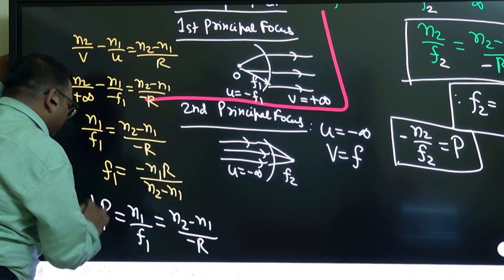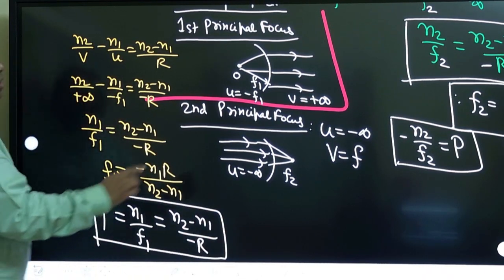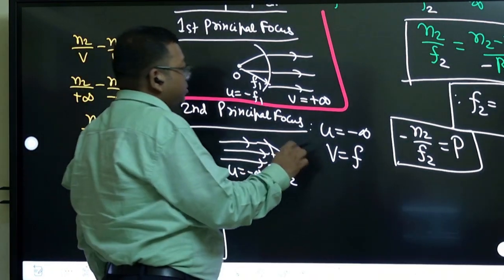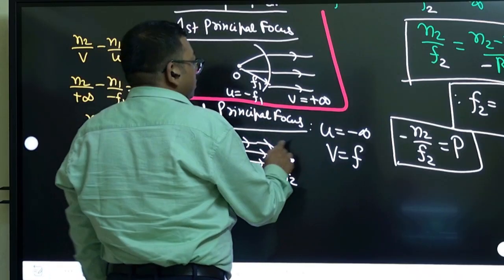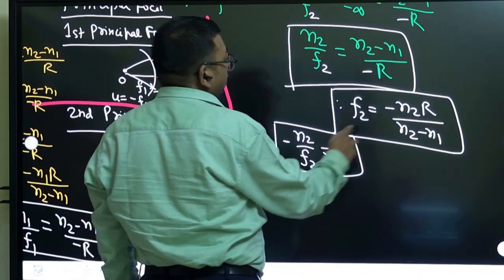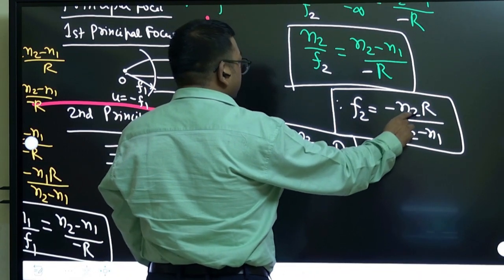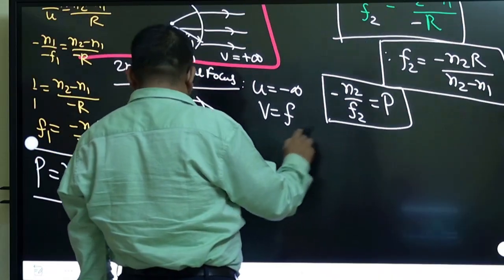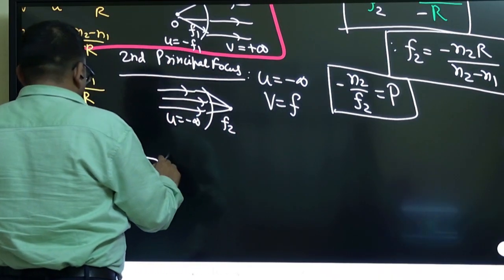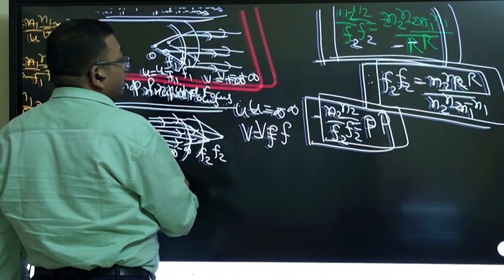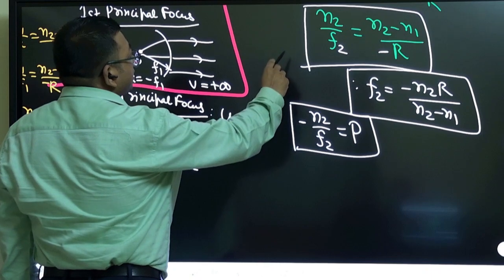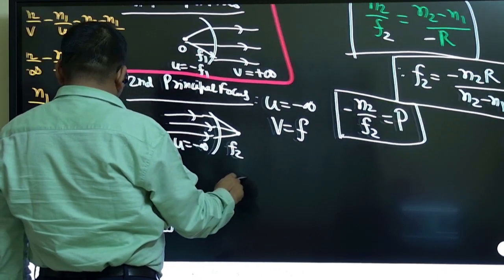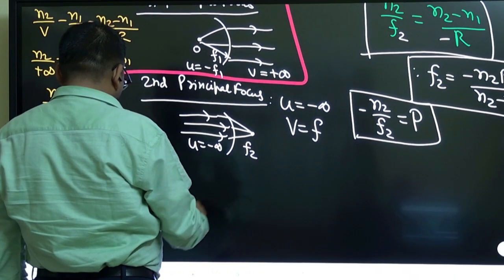Note the power definition here and the power definition there. The power we have calculated here is minus N2 R by N2 minus N1, right? No, N1 by F1, sorry, N2 by F2. Minus we bring it. I think that will come different now.